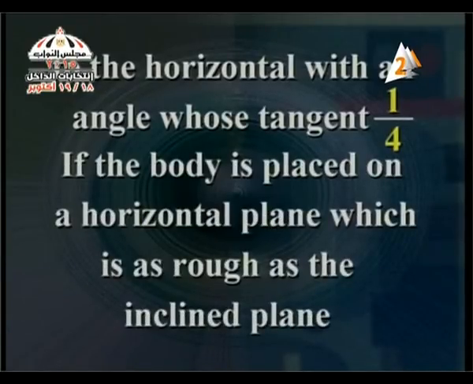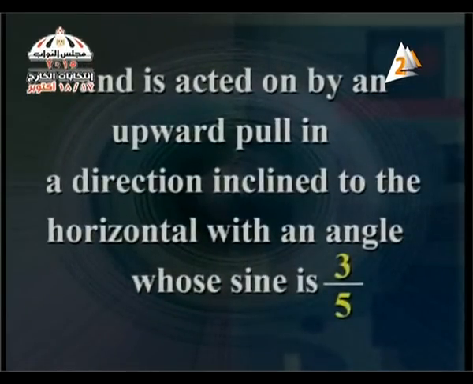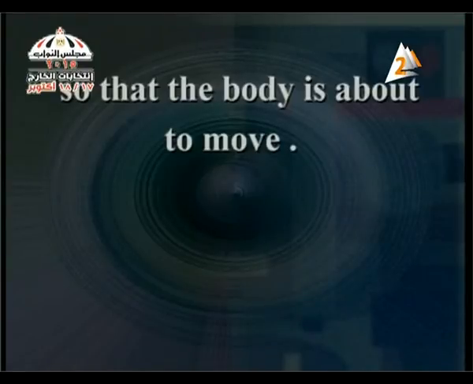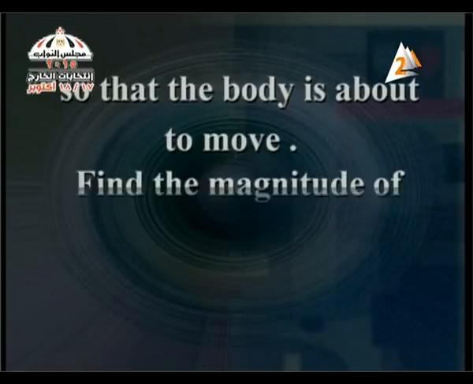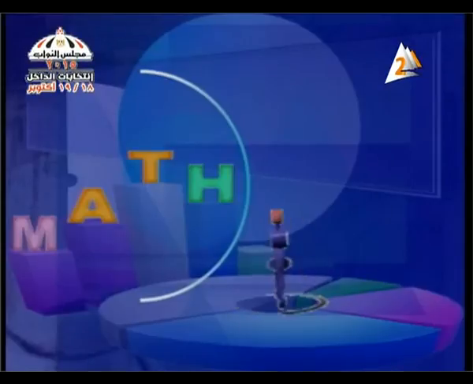And if the body is placed on a horizontal plane which is as rough as the inclined plane and is acted on by an upwards pull in a direction inclined to the horizontal with an angle whose sine is 3/5, so that the body is about to move, find the magnitude of this force and the normal reaction.